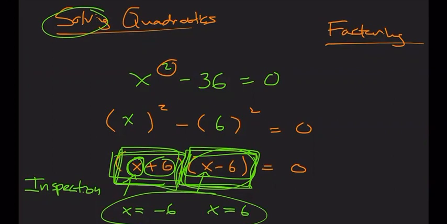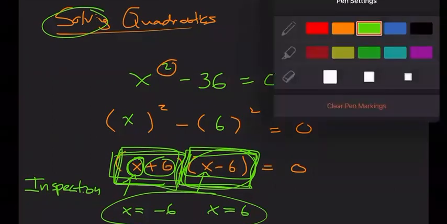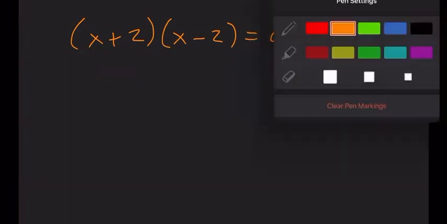Let's look at a couple more, just doing the inspection part. So we'll pretend we already factored and we wound up with something like, for example, this. So what would we get for x if we solve this one?